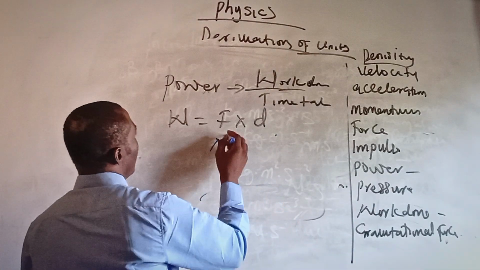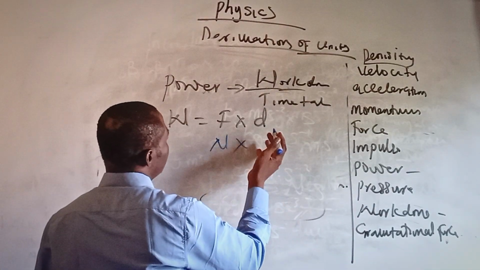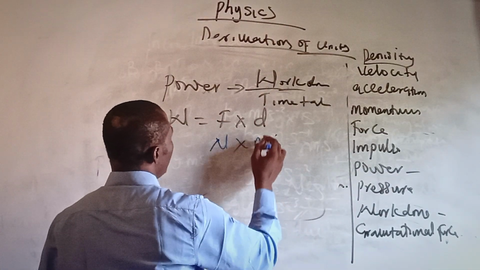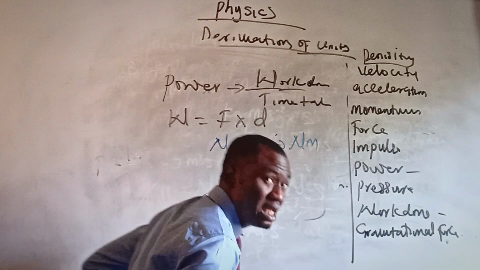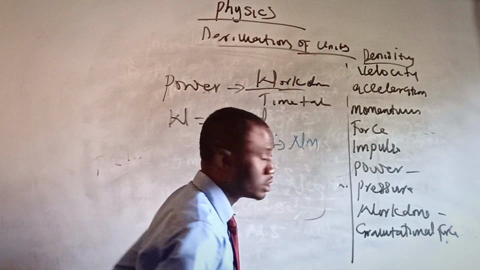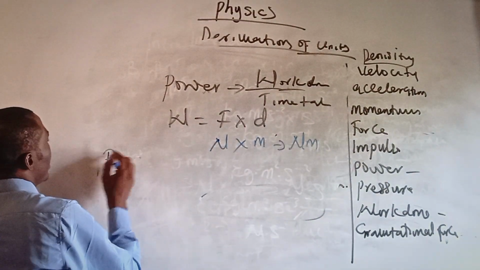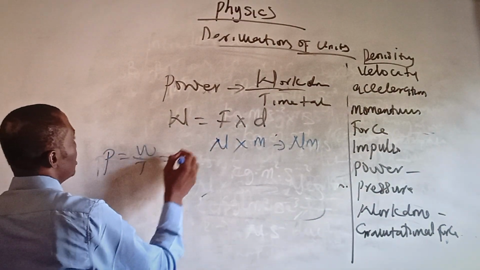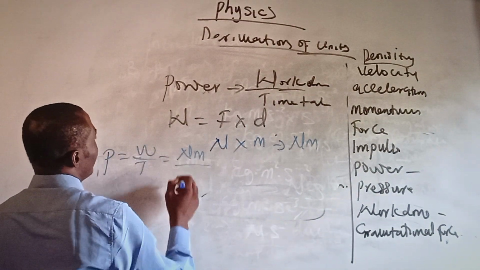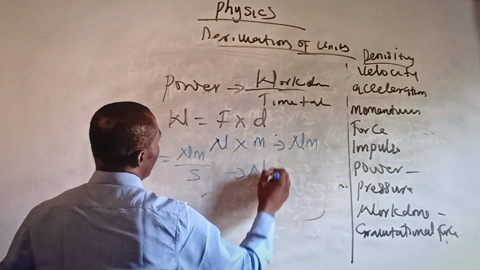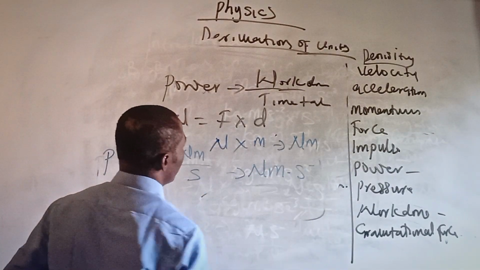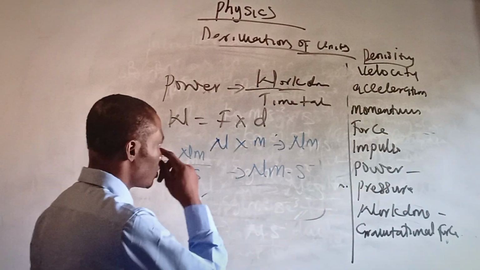Force is Newton now, so we multiply it by distance, which is meter. So the work done is Newton meters. The power is work done over time, so Newton meter divided by seconds, which gives Newton meter seconds minus 1.